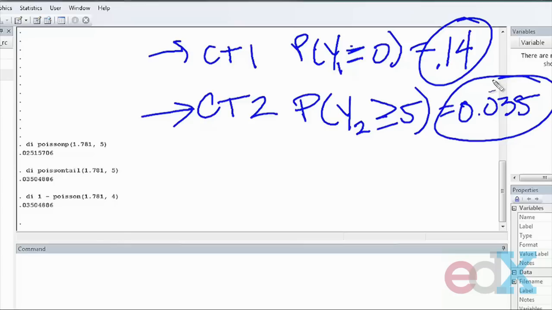But keep in mind, what we've done is we've taken 2 census tracts from Los Angeles County. However, there are a total of 2,000 census tracts in Los Angeles County. So we actually expect to see some extreme observations due to the nature of probability and the nature of random variables. So even though it may seem like observing 5 breast cancer cases is an extreme event, that may not be the case.